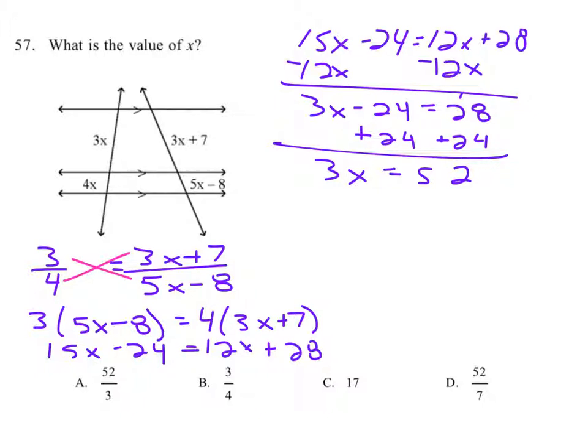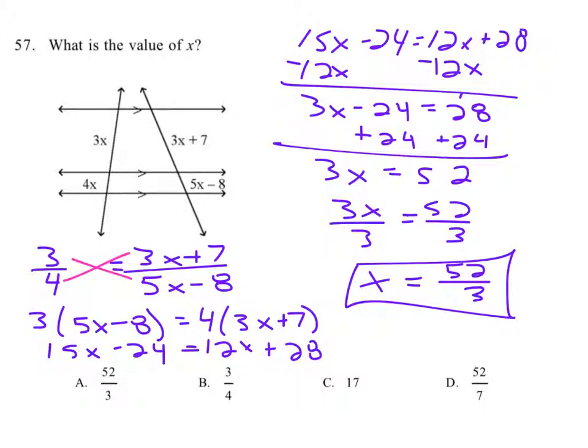Now I've got to divide both sides by 3. And 52 doesn't divide as a whole number by 3, so we're just going to keep it as 52 over 3 because, as you can see, that is one of the options, A, down on the bottom. So let's mark that. We're done for that one.